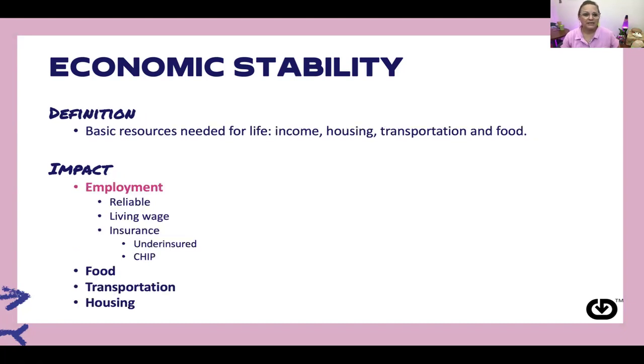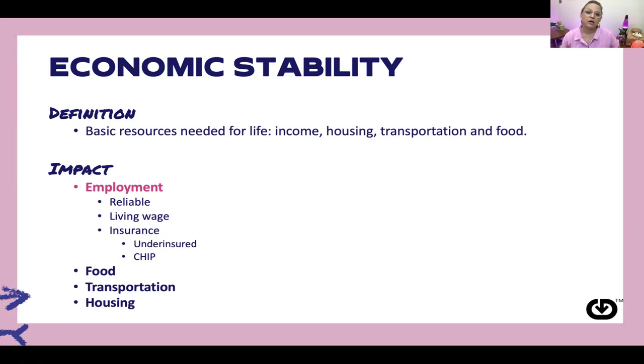In terms of impact, it's important that people have employment that is reliable, that provides a living wage, and often it's a way that people get insurance in our country, through employer-provided healthcare insurance policies. But this can lead to some issues where healthcare policies are really expensive. And so there can be people who are underinsured, meaning that they only have major medical insurance for major life events, but they don't have good insurance just for everyday health.